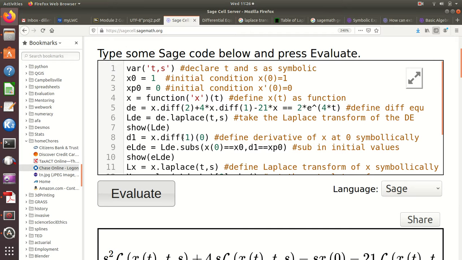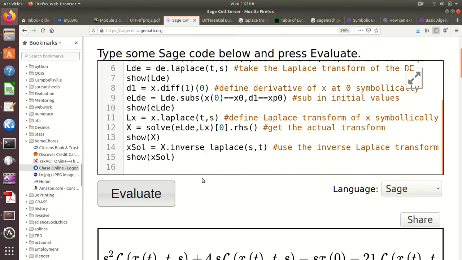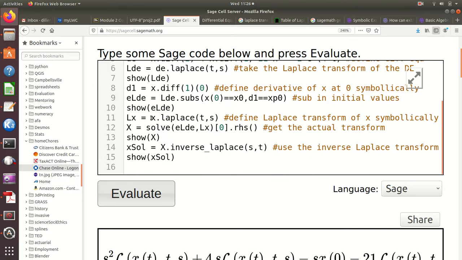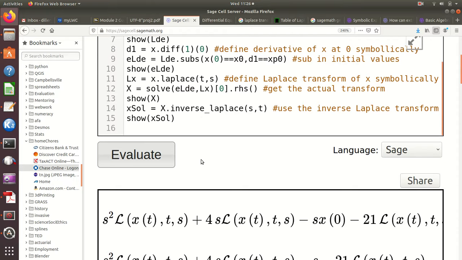So I still had to know the steps: define my differential equation, take the Laplace transform, substitute in my initial conditions, solve for the Laplace transform, and then take the inverse Laplace transform.